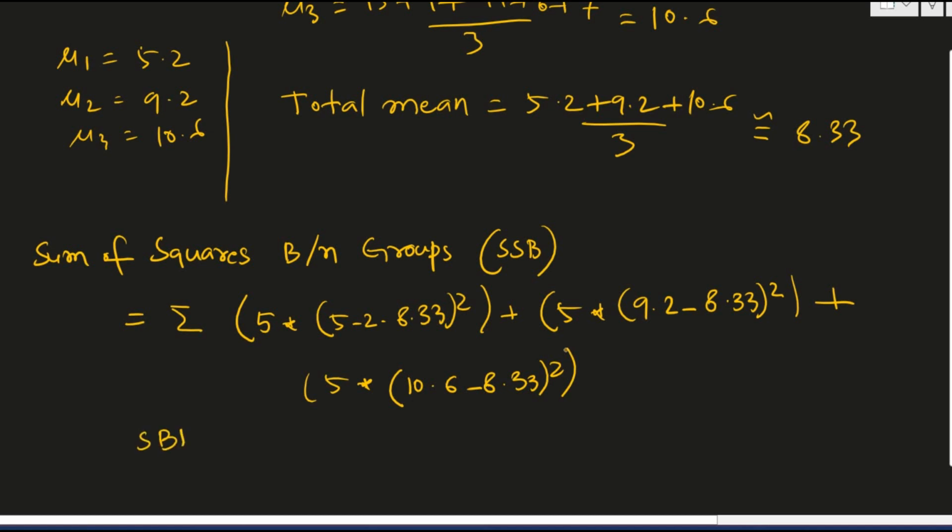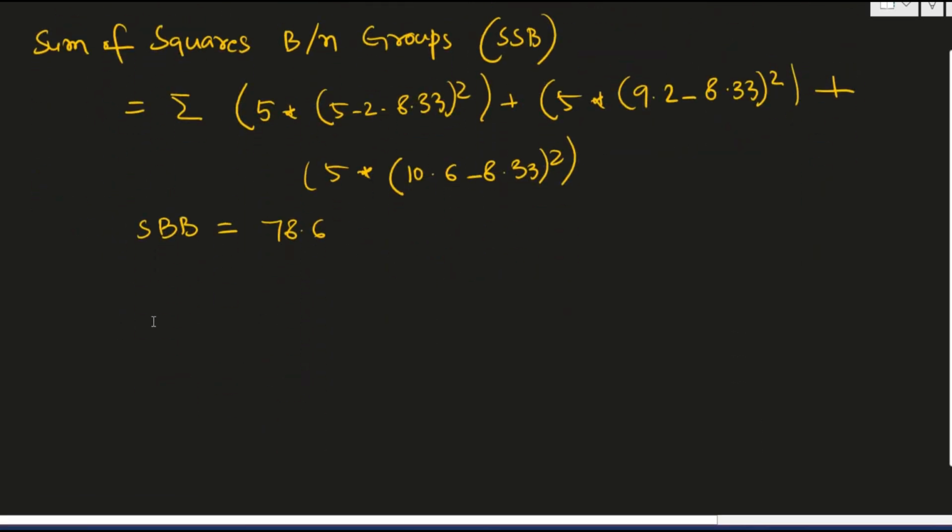So here the sum of squares between the groups will be 178.6. I have already calculated it.